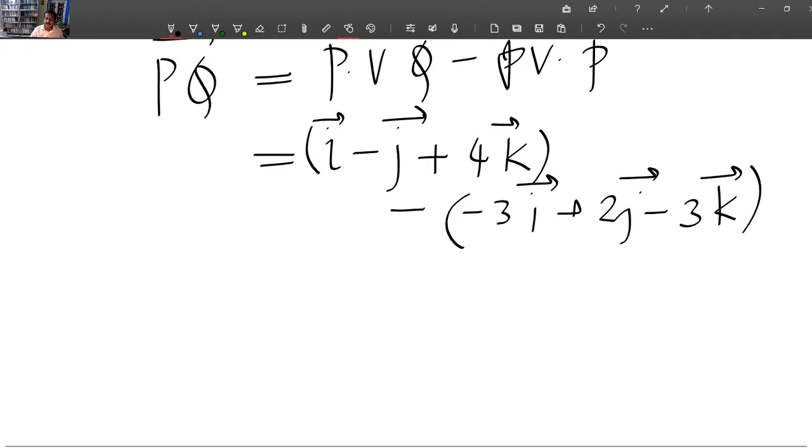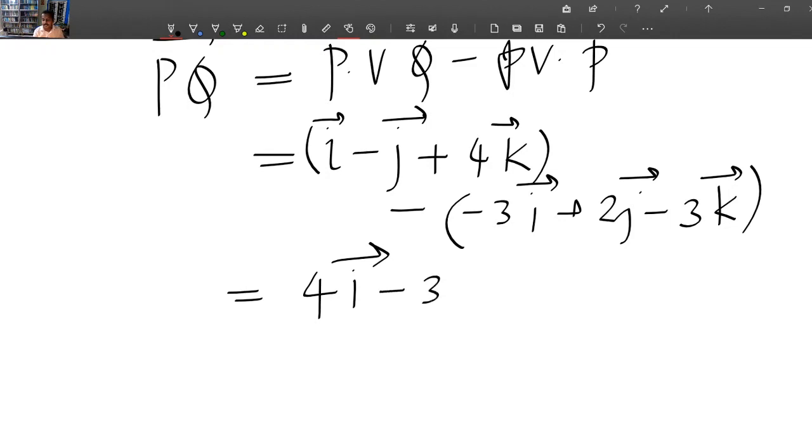So from this you will get 1 minus minus 3, so 4I, minus J minus 2J, so you will get minus 3J, and 4 minus minus 3, so this will be 7K.